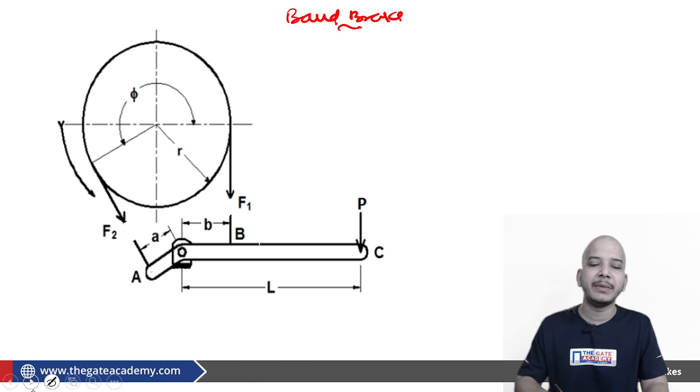This is the FBD of drum and band, with tensions F2 and F1.